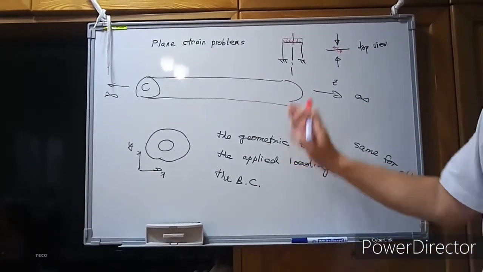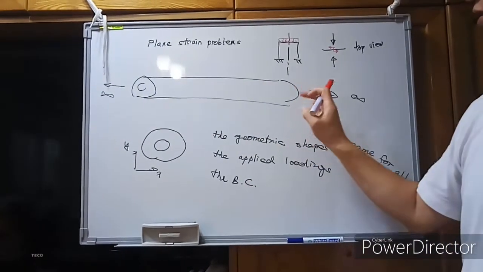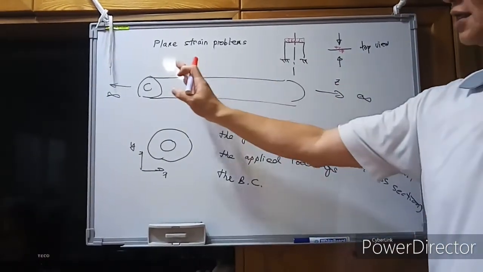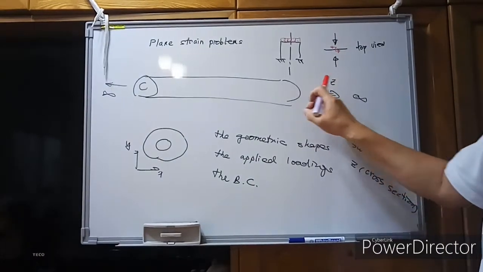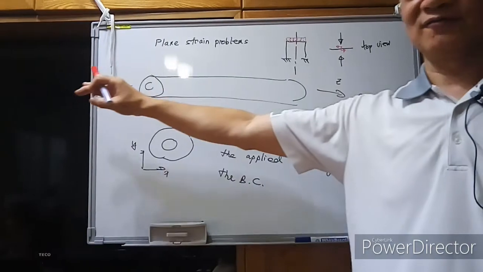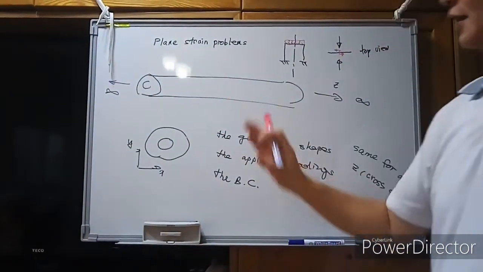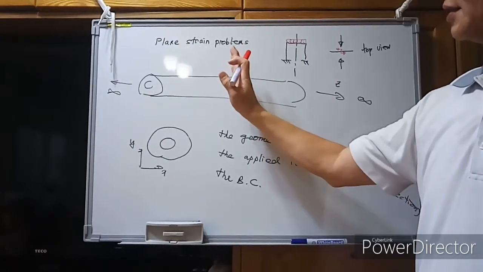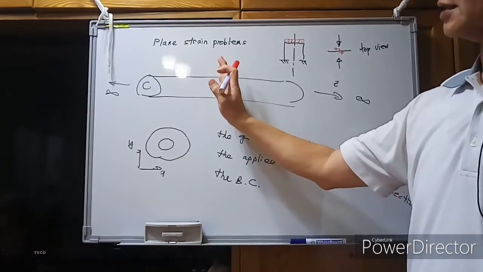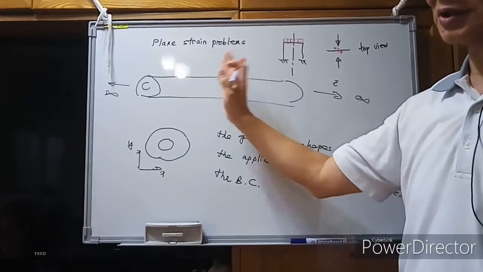Then let's go back and check the plane strain problems. Based on our simplified assumptions, to the right the structure extends close to infinity, and to the left it also extends close to infinity. Then if you take any cut cross section, you will find the section is symmetric.